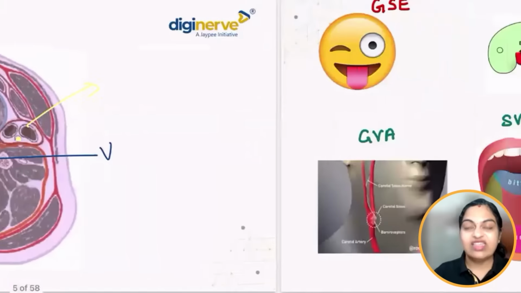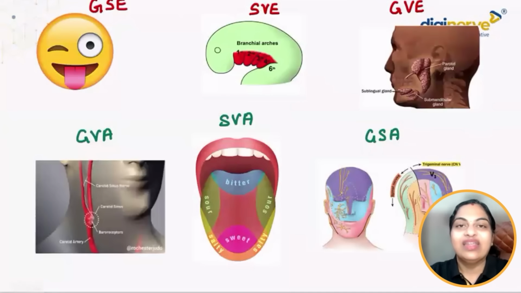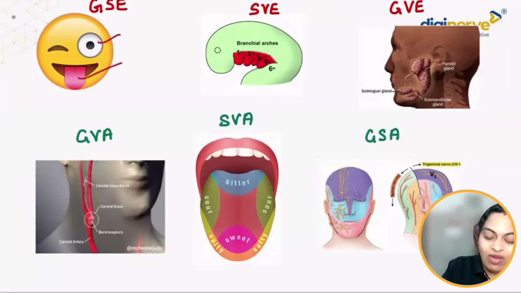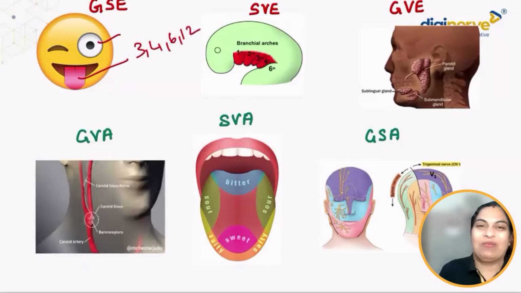And in our DigiNerve app, we have seen in detail, in the rapid revision part as well as in the PYQ area, about functional columns and how to remember them in the most interesting way. The general somatic efferent includes the cranial nerves that innervate the muscles of the eyeball and the tongue: 3, 4, 6, and 12.